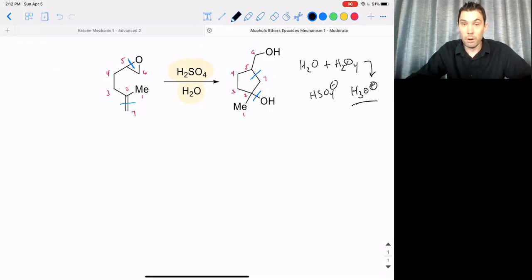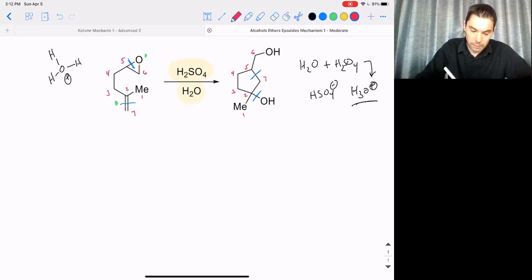Okay. Hopefully now you're coming back to look at the answer to this mechanism. Because we talked about H3O+ being the acid, I'm just going to draw that out. Now, there are really two places in this molecule that we could protonate, and that would be the alkene or the epoxide. And so let's just consider very briefly both of them.